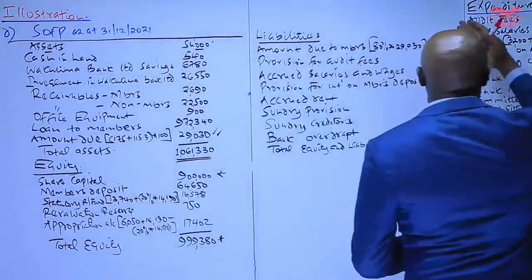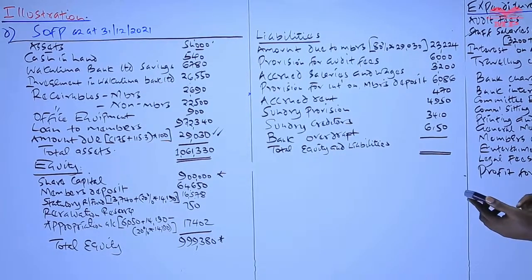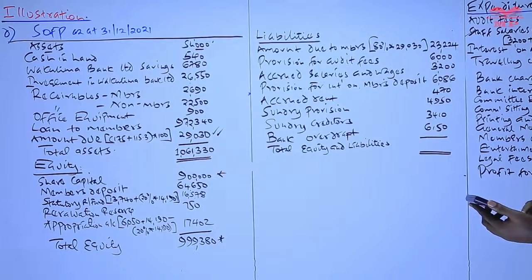But first of all, we add these items of liabilities. We have 23,224 plus 6,000 plus 3,200 plus 6,086 plus 470 plus 4950 plus 3410 plus 6150.